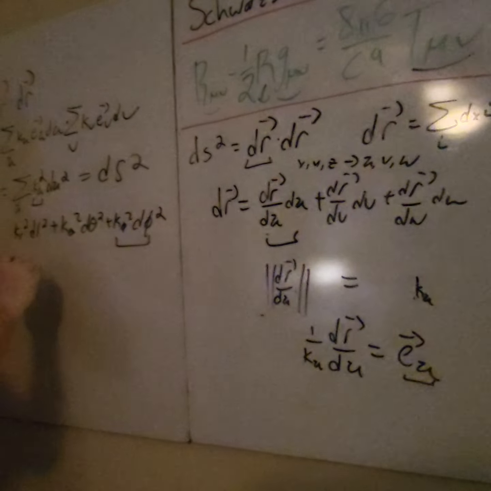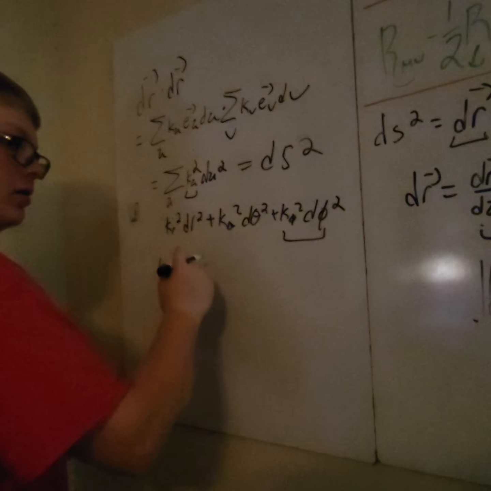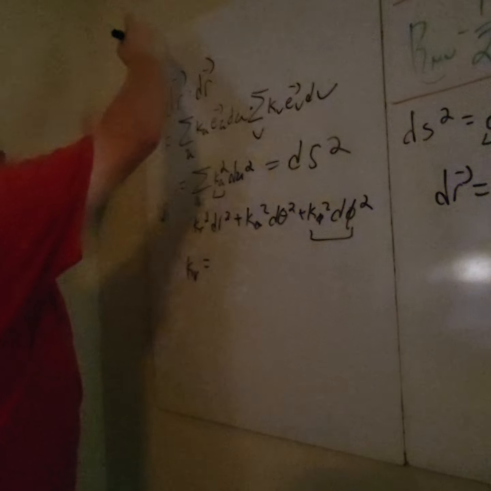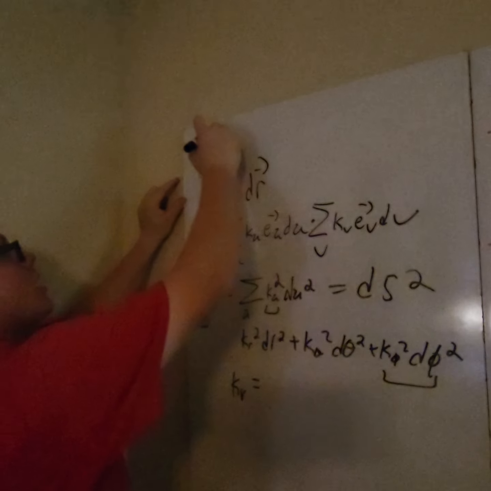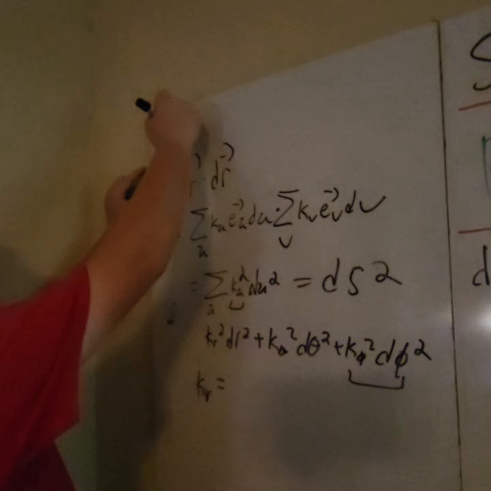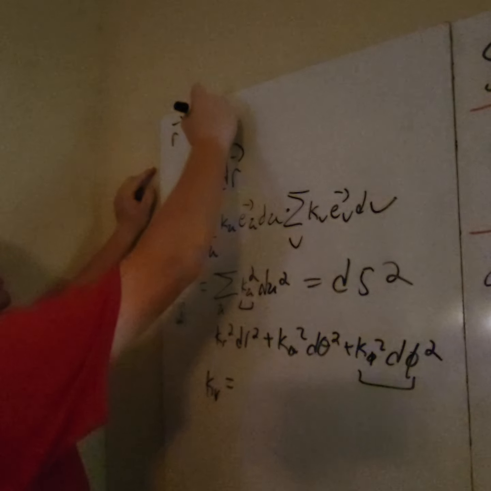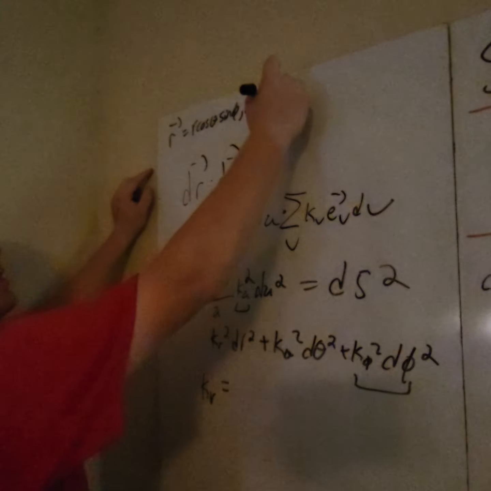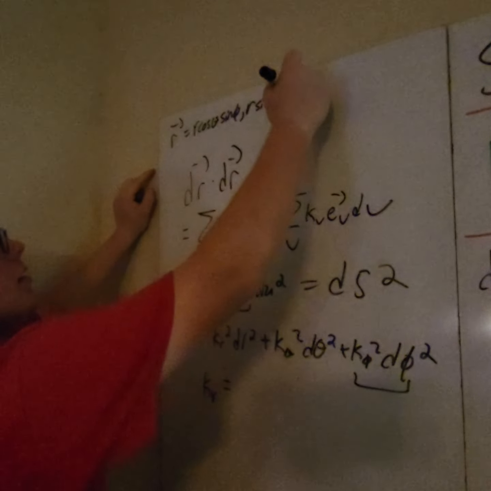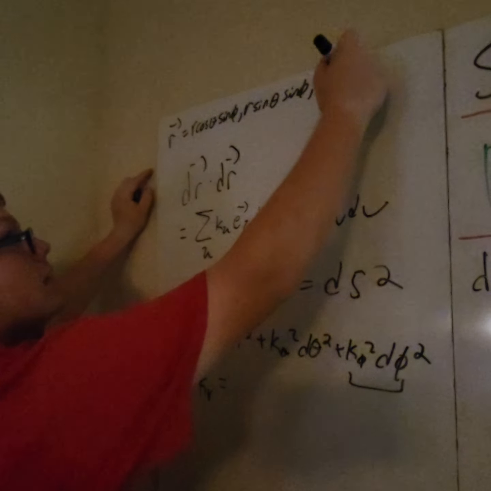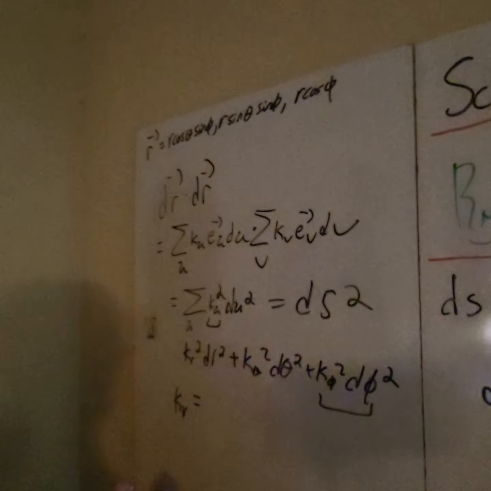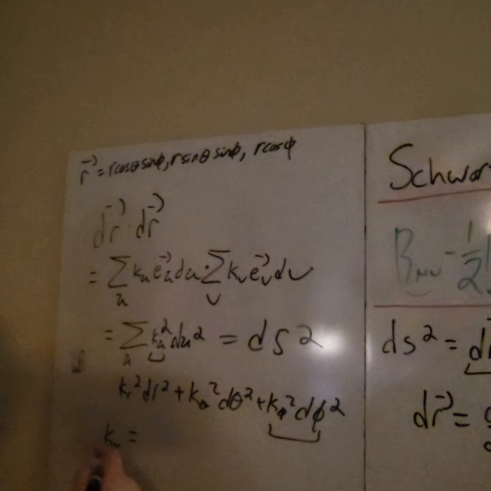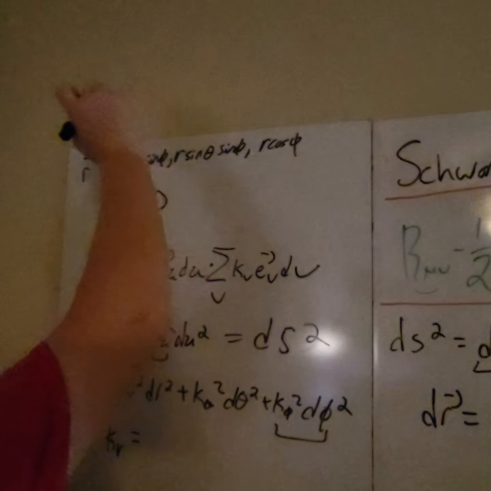So in our spherical coordinates, okay, I'm going to write these up here. This is more for my reference. So k sub r, you're basically just differentiating, because there's just one factor of r for each coordinate.